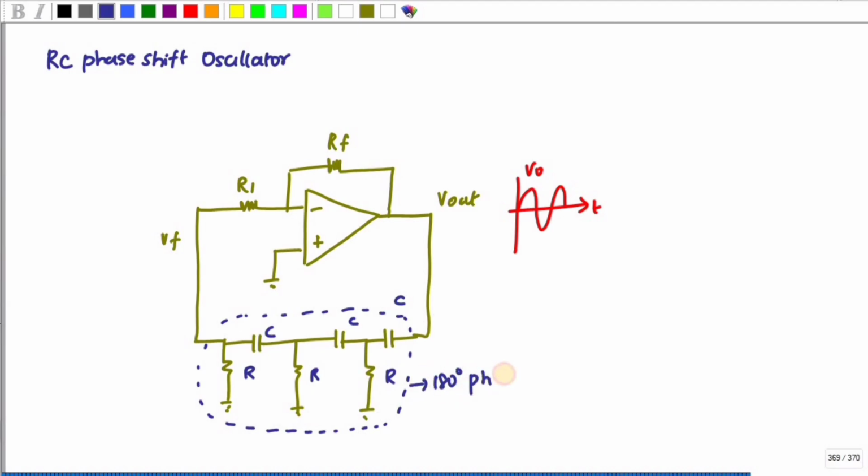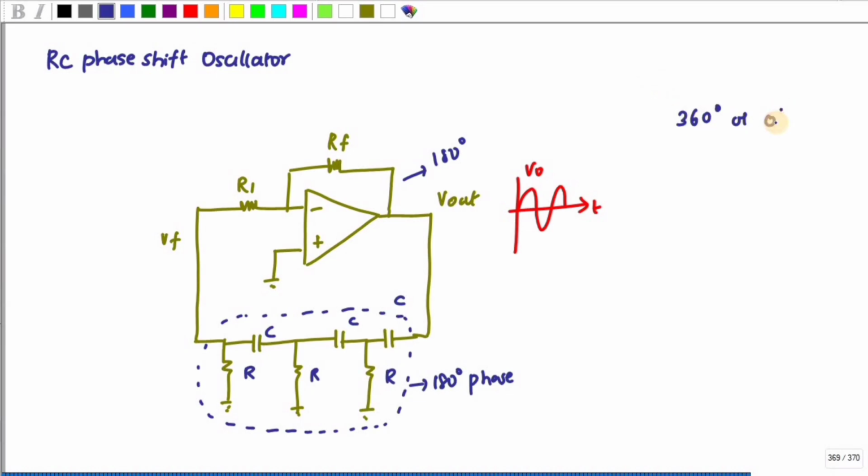And if we see the op-amp stage, since the input is connected to the inverting terminal, this also produces a 180-degree phase shift. So according to the Barkhausen criteria, this op-amp and this feedback network will provide totally a 360-degree phase shift.